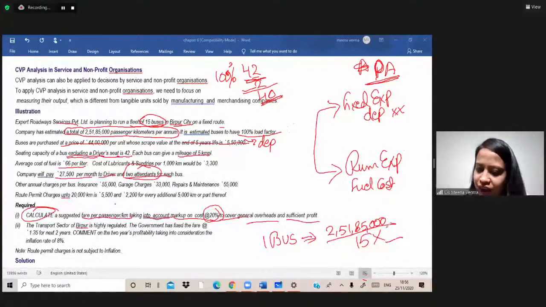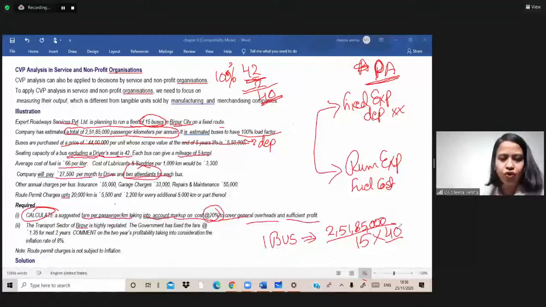So we will divide it here by 40, and in this case we can get the kilometer traveled by each bus.